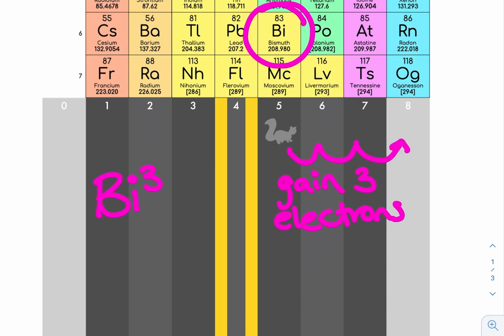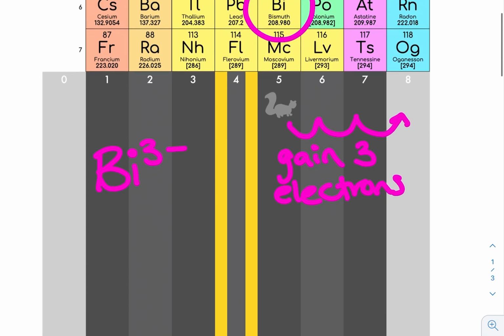And if we're gaining those electrons, we're going to have a negative charge. We're taking on more electrons, so we have a more negatively charged ion, also known as an anion.